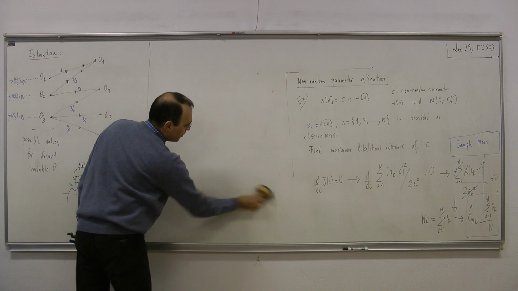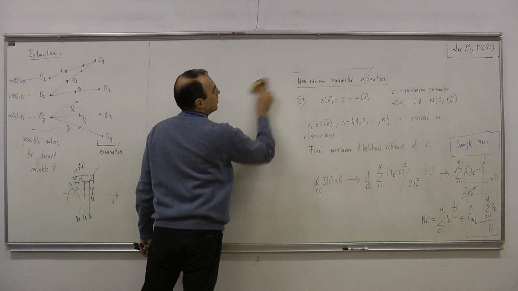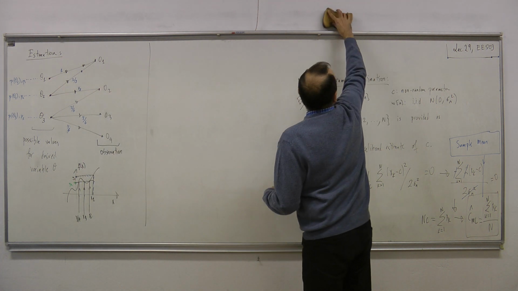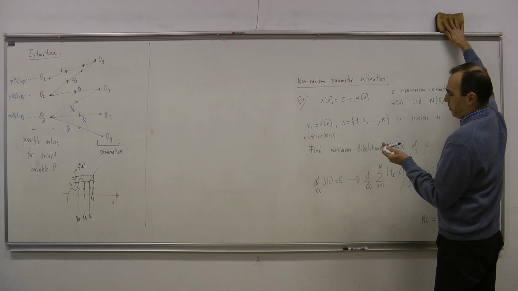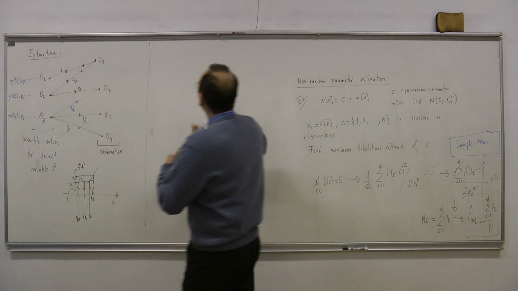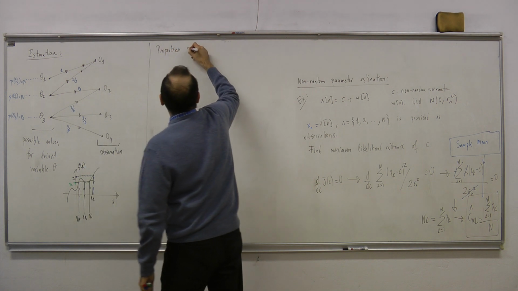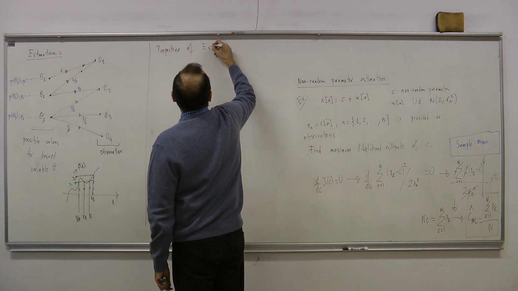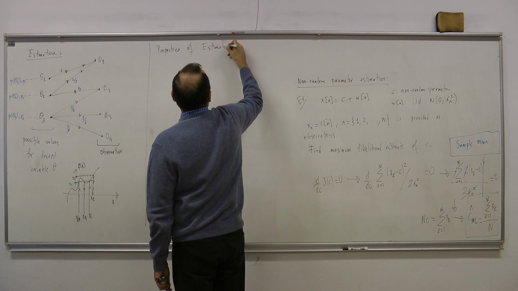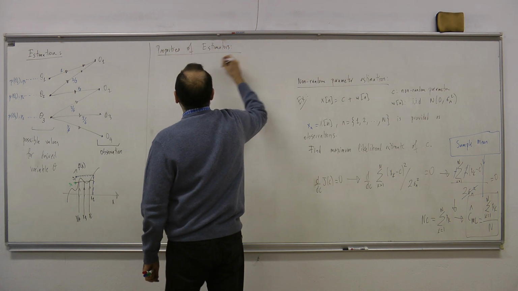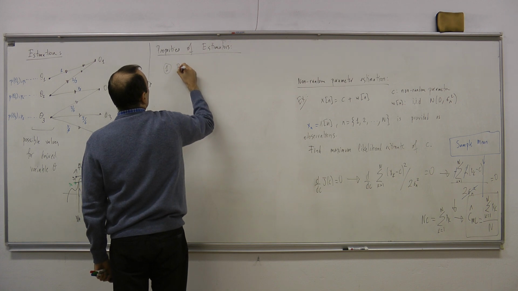Now I want to discuss the properties of estimators. Let me erase this part also. Properties of estimators. Number one, bias.